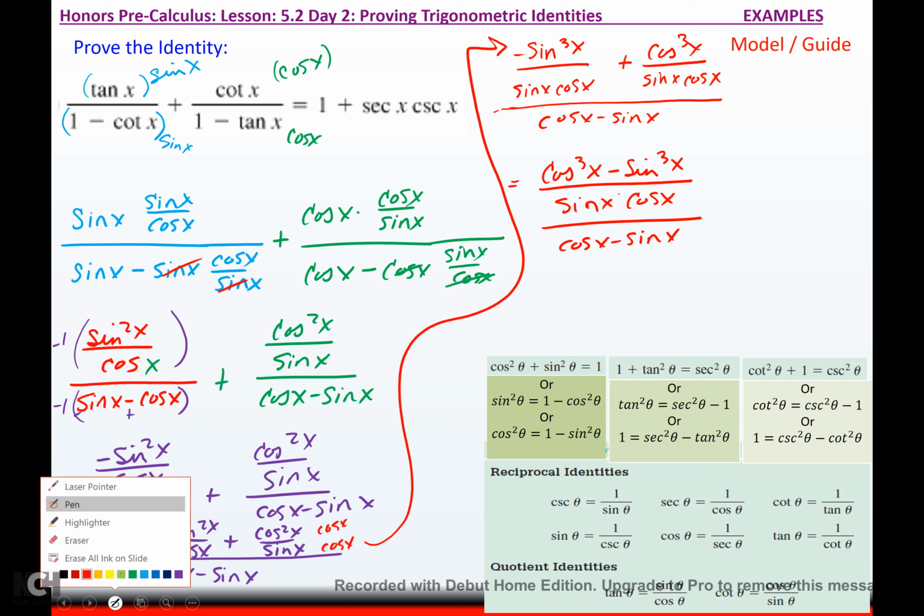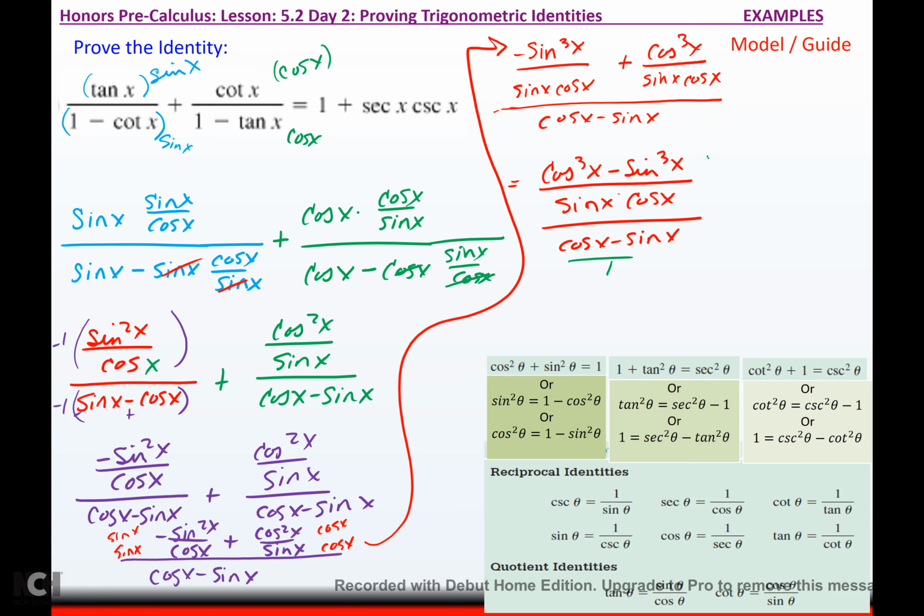Now if I keep, change, flip, I'm going to keep this top one and I'm going to flip this one to be 1 over cosine x minus sine x.